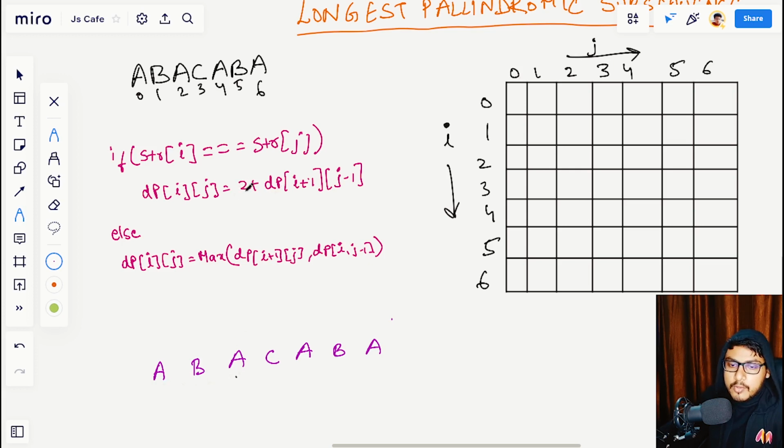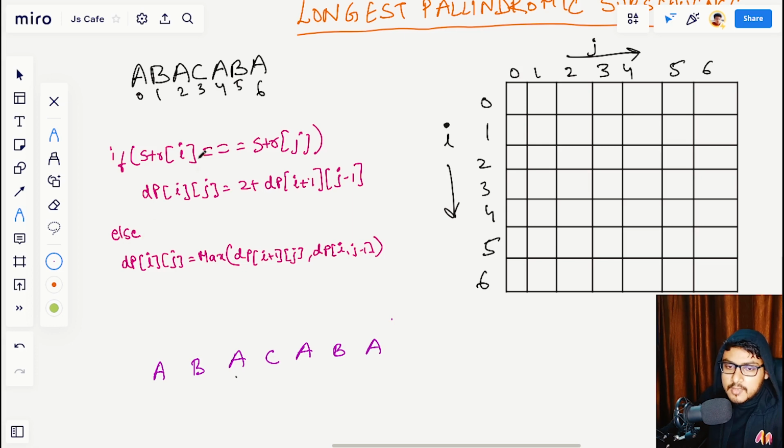So we do 2 plus dp of I plus 1, j minus 1, and the value returned from here would give us the maximum LPS in that particular scenario. So if our characters matched, we do this.